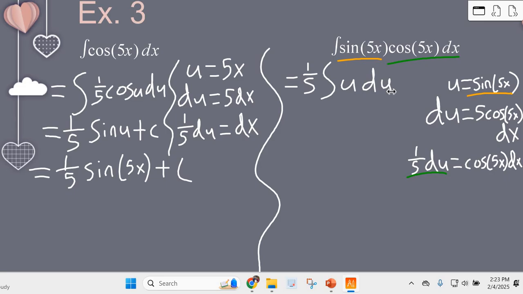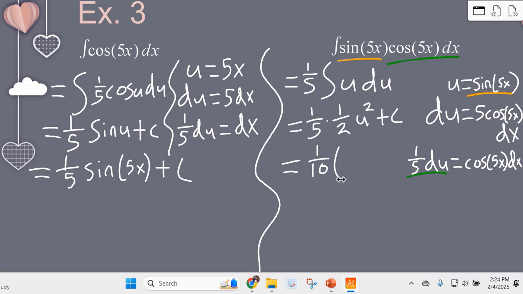Yes? Okay. So what is the antiderivative of u? U squared divided by 2. So 1/5 times 1/2 gives us 1/10. And then what was our original u?